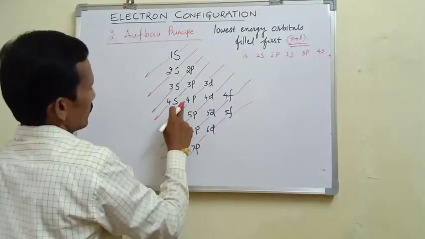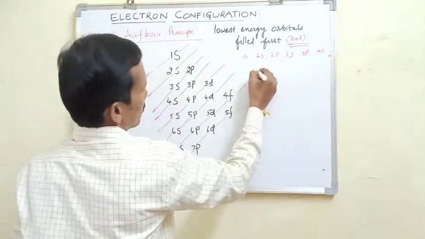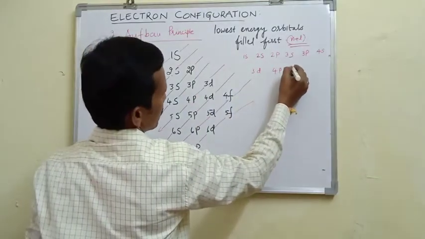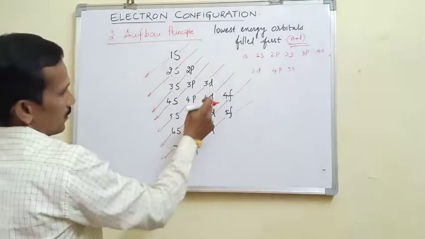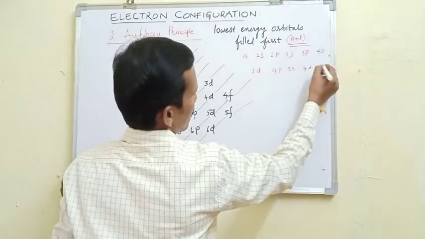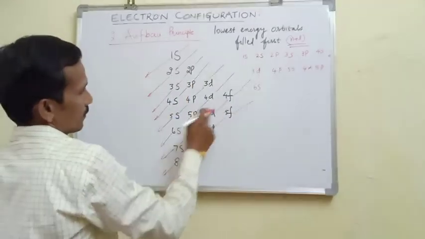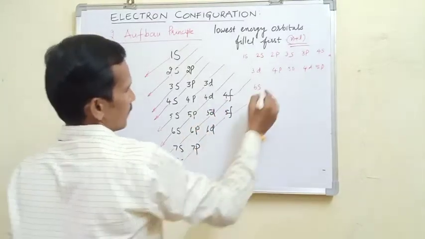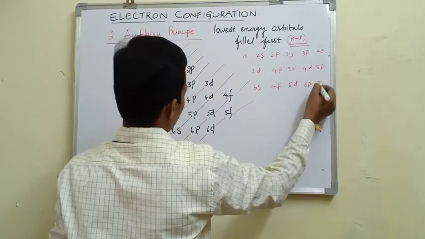Like this: 4s, 3d, 4p, 5s. After 5s, 4d, 5p, 6s. After 6s, 4f, 5d, 6p, 7s.